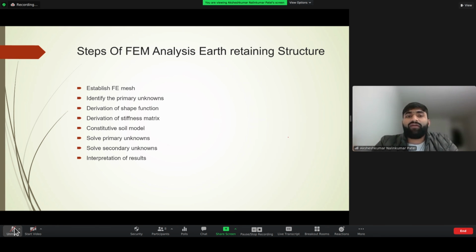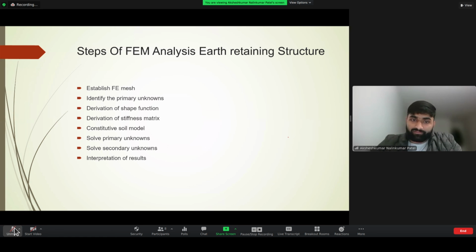So for the finite element analysis of a retaining structure, we need to follow and establish these points. When we have these key points, then we can derive a stiffness matrix, and then find our unknowns in the solution.